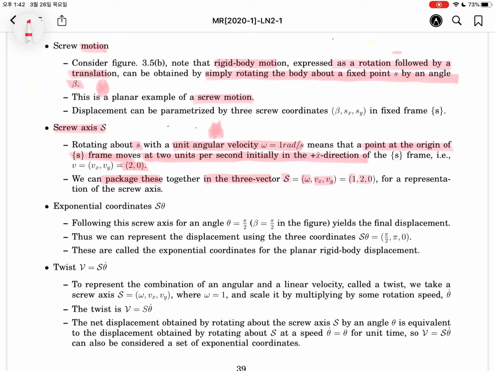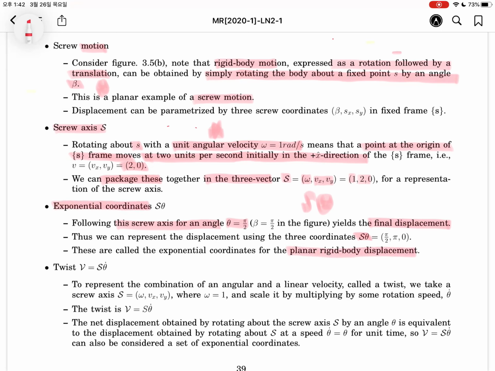Okay. Following the screw axis, for the angle, let's assume theta is pi over 2, 90 degrees. Here, multiplying S by theta will produce the final displacement of the rigid body motion in the planar case. So the screw axis times the scalar value theta will be called the exponential coordinate for the planar rigid body displacement.